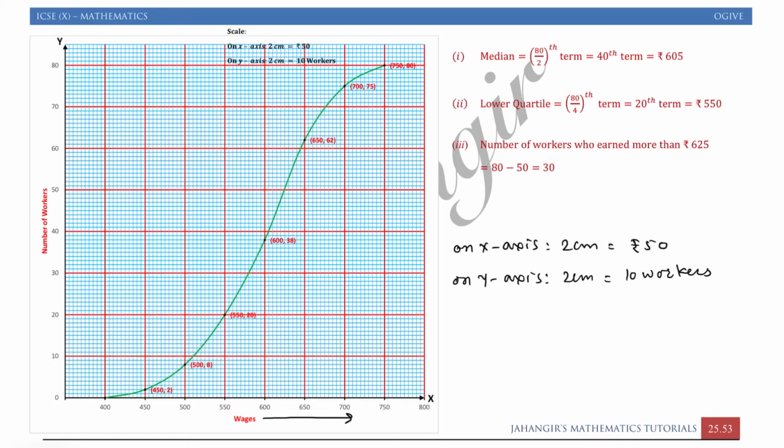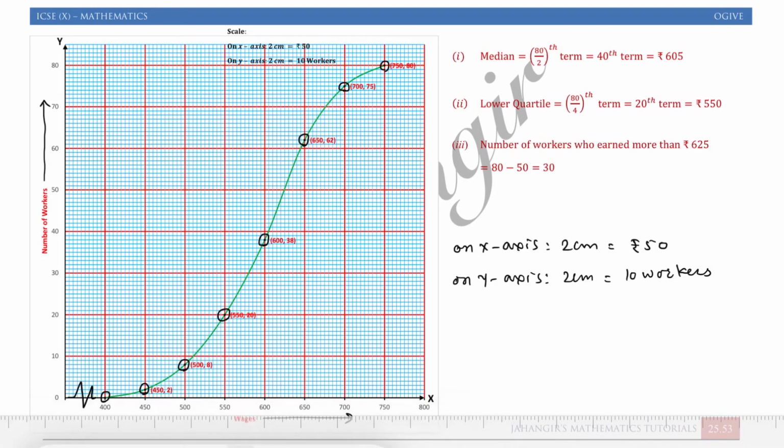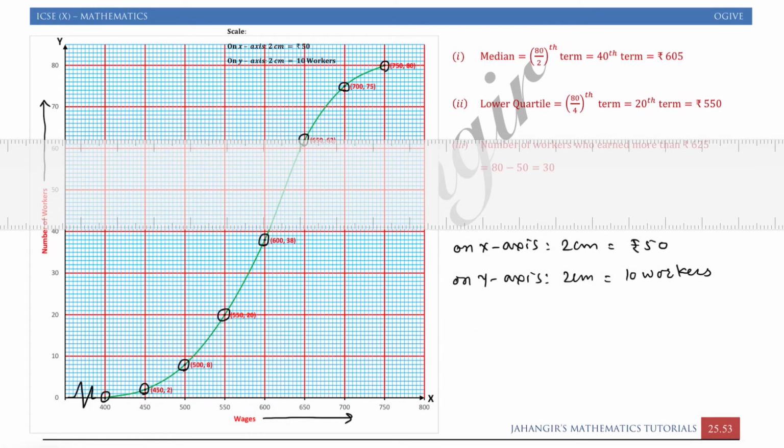So what we will do, we'll just plot a point, make a kink, as it is not starting from 0, it's starting from 400. So make the kink, draw all the proper coordinates. Once coordinates are done, draw a line, join the curve freehand, and at last connect it at 400. Okay, once this is done, we will draw the median. For median, 80 by 2 is 40, so I will draw a line at 40.